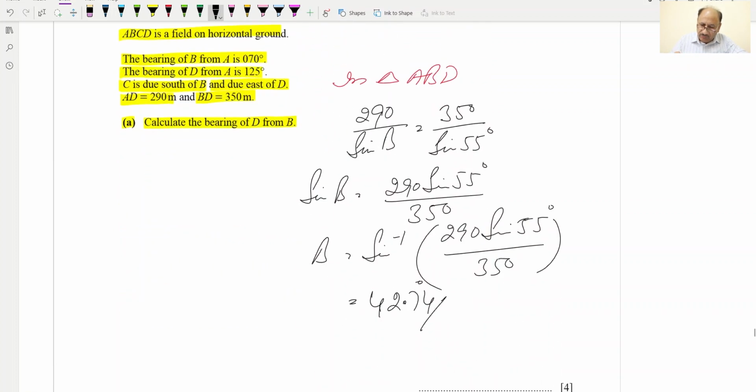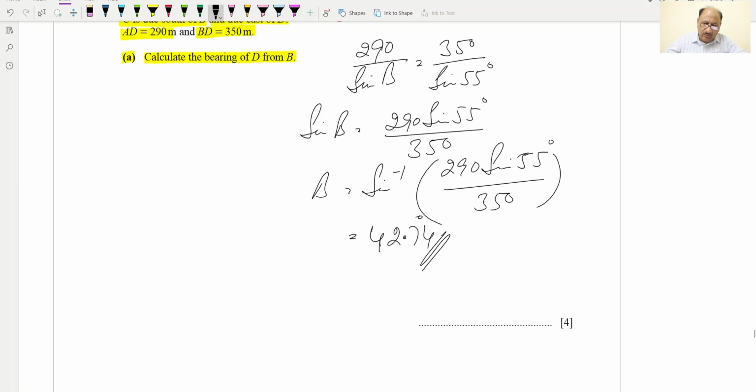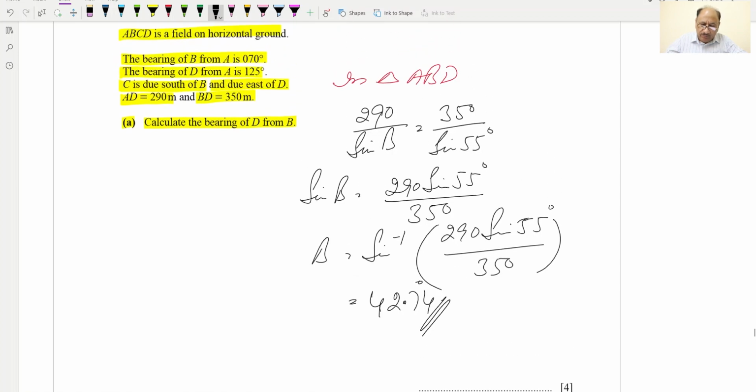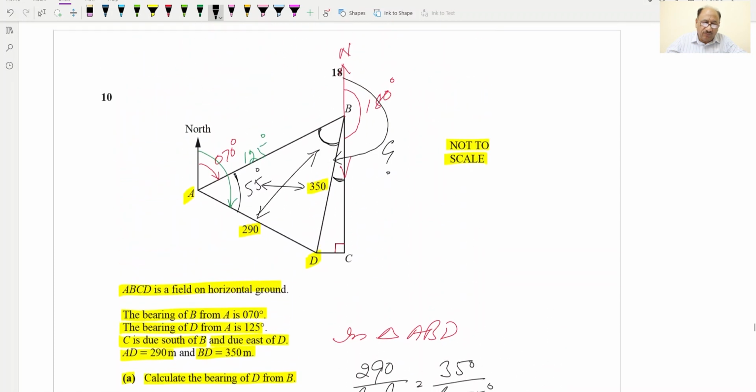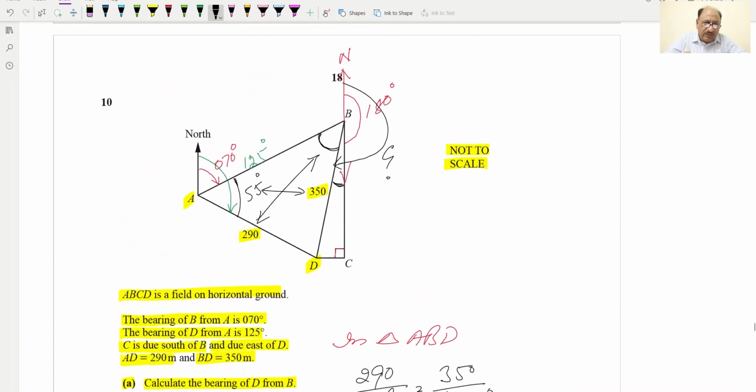Which angle have we calculated? They are saying bearing, but this is not the bearing. This is the angle which we are indicating, 42.74 degrees. Now our target is to find this angle, which is the total angle.